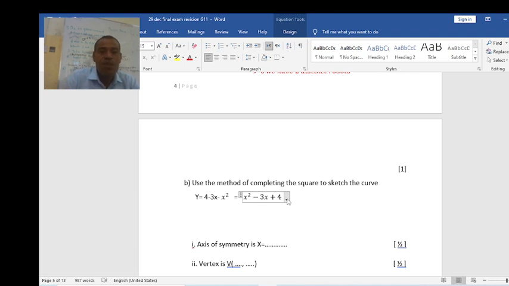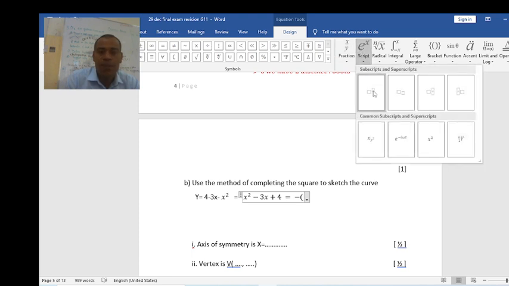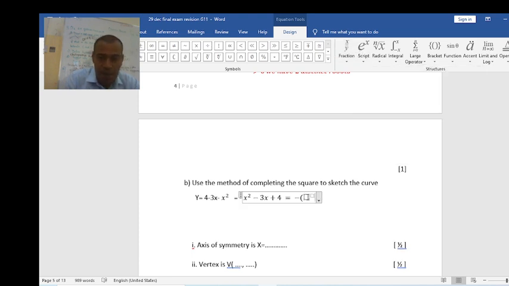Then I will put minus x squared minus 3x in one parenthesis, but I should put the negative sign outside. Then x squared plus 3x. Then I should close this parenthesis, plus 4.